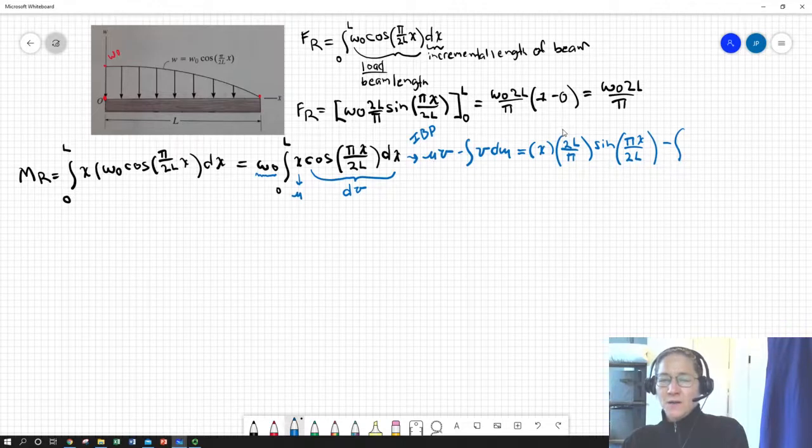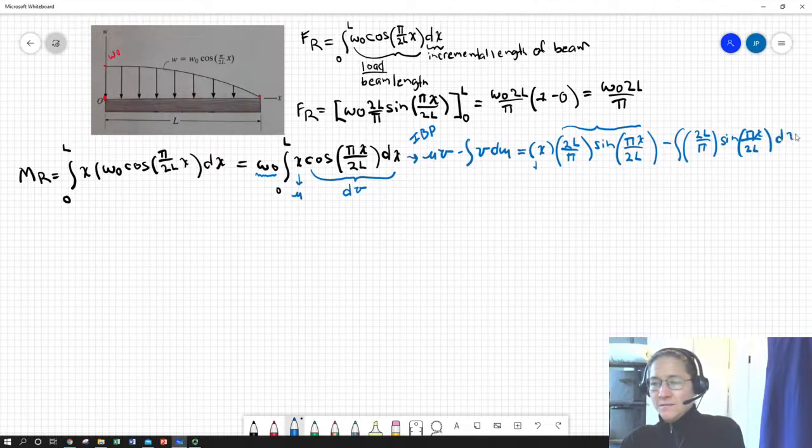Okay, what's v? We just wrote v right there. Du is dx. So we can write 2L over pi sine pi x over 2L dx. So we got a v and we got a du.